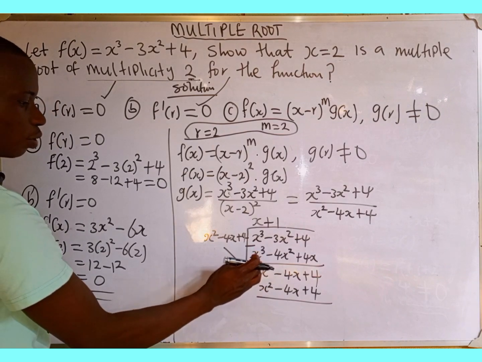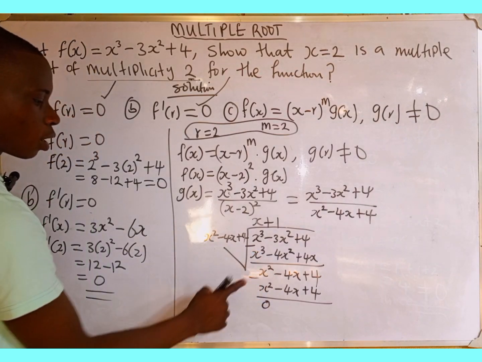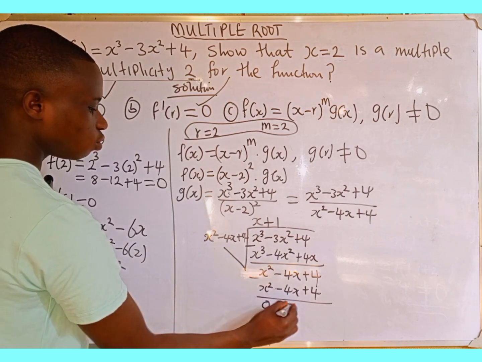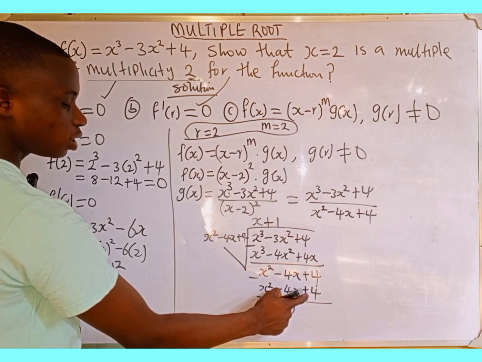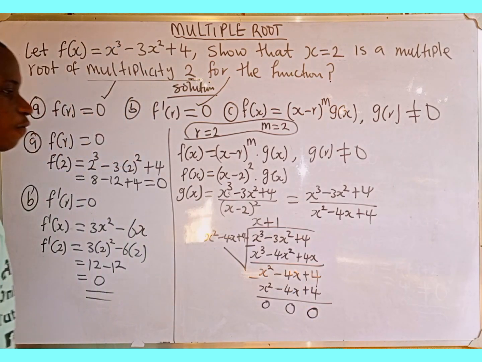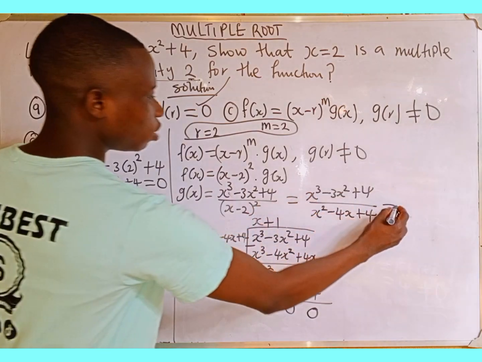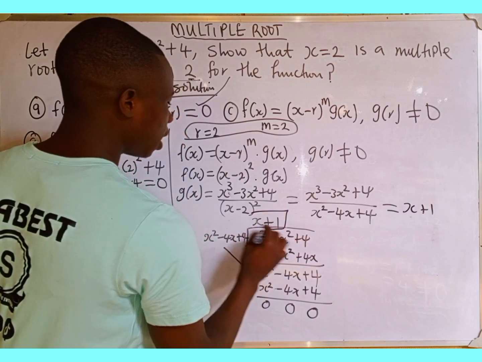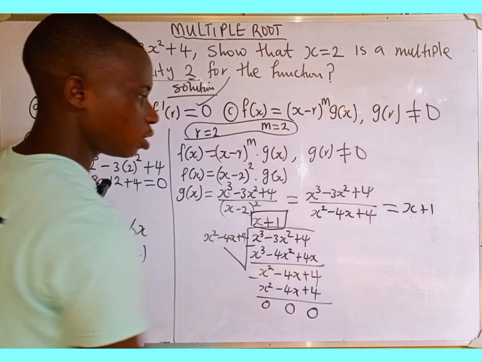Minus x squared plus x squared is 0. Minus minus is plus. Plus 4x minus 4x is 0. Then minus plus is minus. Minus 4 plus 4 is 0. Therefore, this polynomial will be equal to x plus 1. So this is the answer to this division.